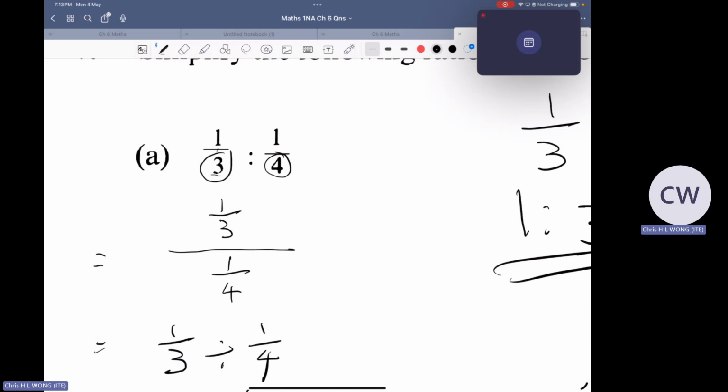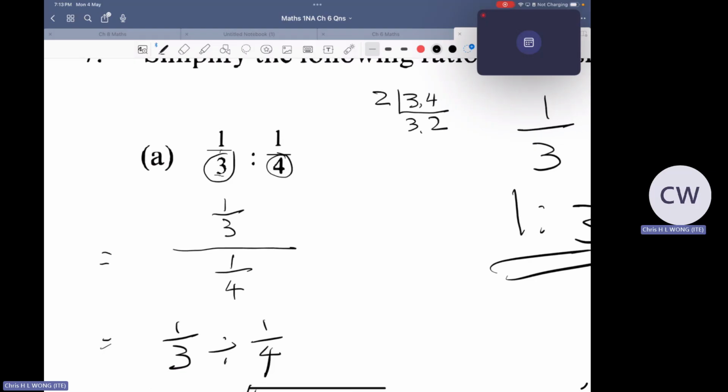So I'll find the LCM of 3 and 4. LCM equals 2 times 3, which gives you 12.